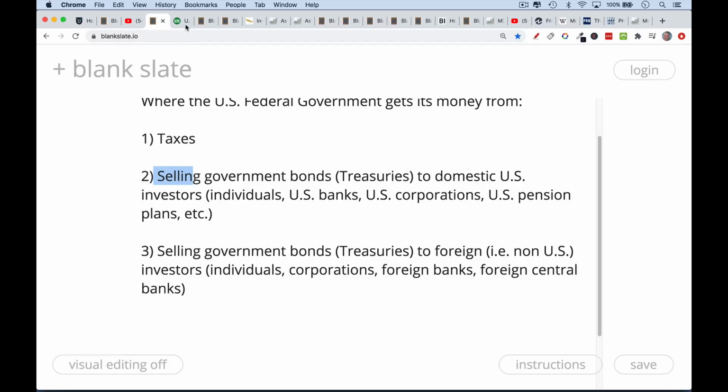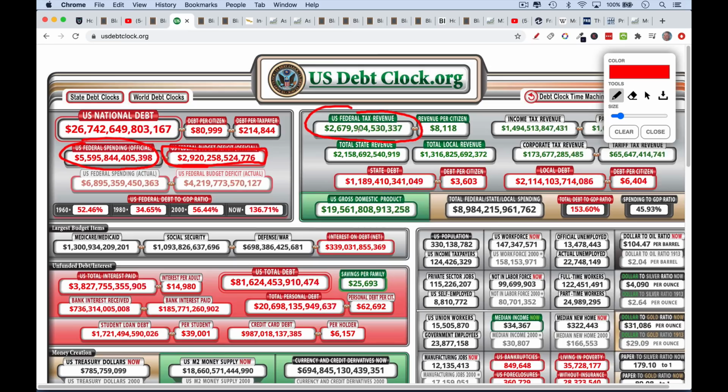If we were just living off tax revenue of 2.6 trillion, we wouldn't have enough money to pay for very crucial programs. And these things include the largest budget items: Medicare, 1.3 trillion, Social Security, 1 trillion, defense, about 700 billion, and then obviously interest on the debt. Just these four big items are no longer covered by tax revenue.